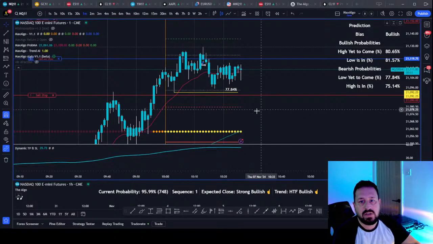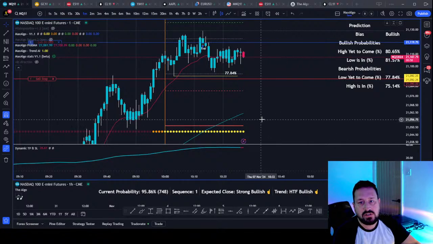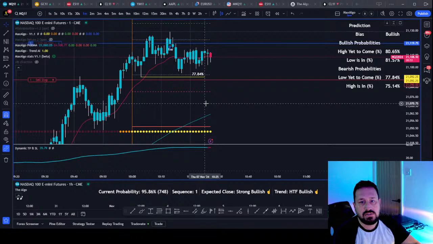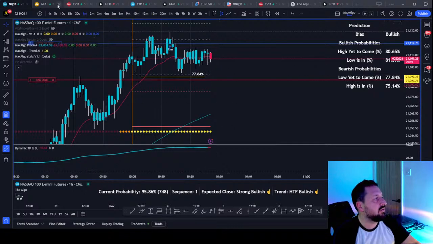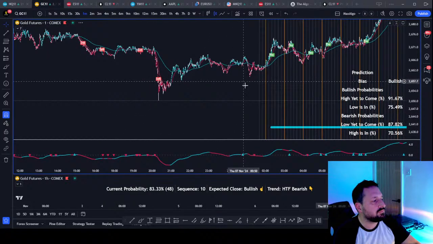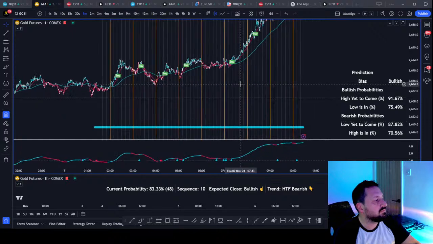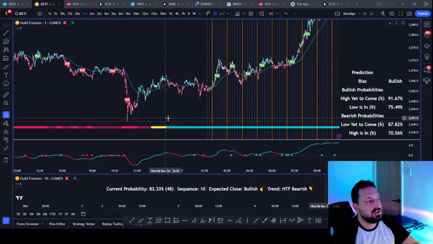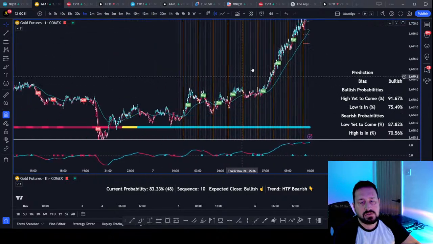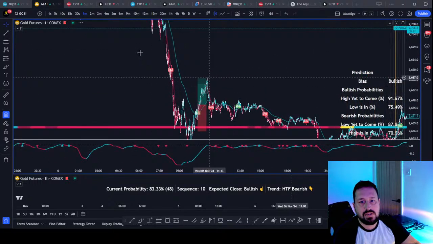I don't like to trade too far in the trend. I also like to trade the beginning, once we've transitioned, because sometimes you can get a lot of messing around at the beginning of the transition. Like on gold here, we get the transition, but we get the messing around, and then the trend comes.